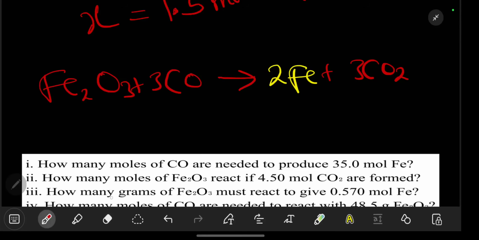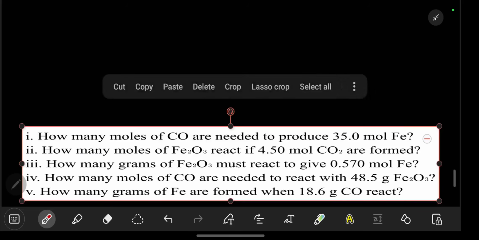So how many grams of this must react to give 0.57 moles of iron? First, let's just find the moles, then convert it to mass, or mass to mass is also okay.